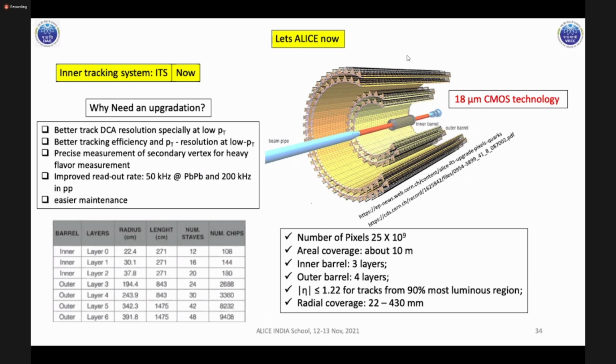But now with Run 3, the LHC will deliver a rate of 50 kilohertz for lead collisions and 200 kilohertz for pp collisions. And ALICE, with this upgraded Inner Tracking System, can now easily handle this kind of particle rate in these interactions. Okay, so this is how this ITS will work.